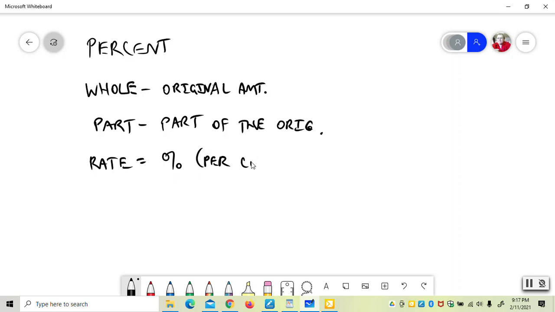We use rate because that way we abbreviate this as R and that is P and this is H. Whereas if we said part and percent, they would both be abbreviated the same way, which would be confusing.